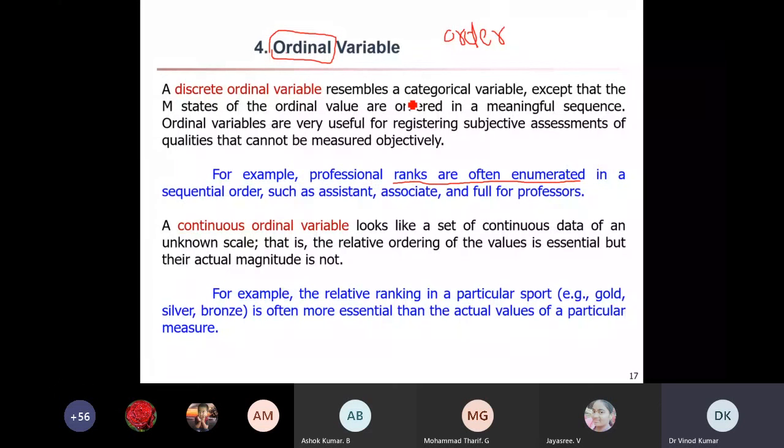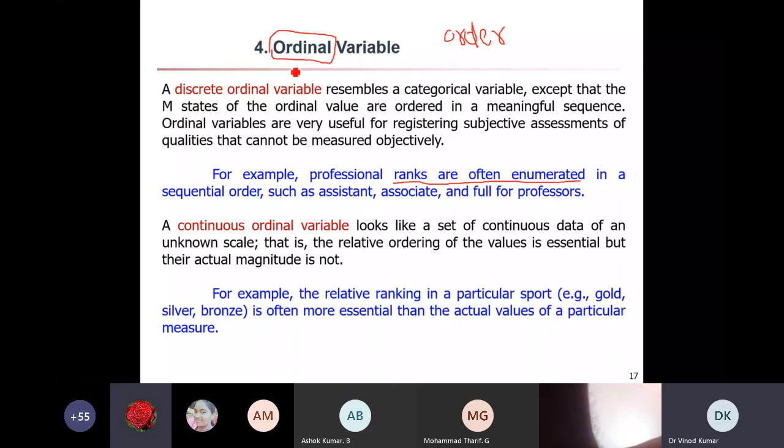If I say ranking in the army, ranking is there, no? In the navy, air force or army, there is some ranking by designation. These are different examples of ordinal variables.